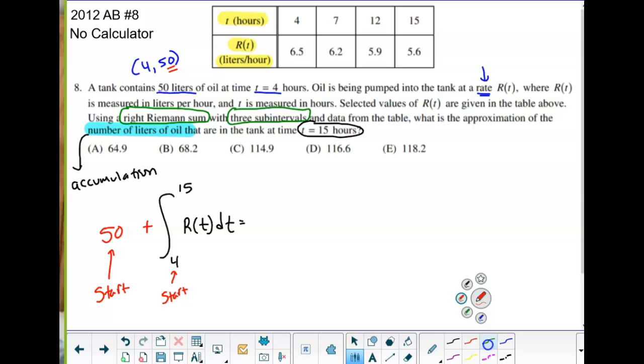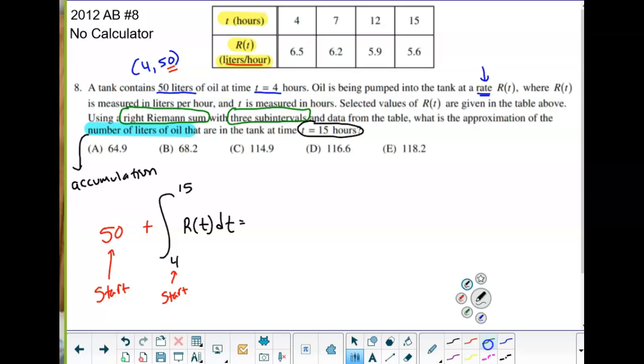So there were 50 liters to start with at 4. Why does it also say 6.5? Because that's a rate. That's how many, exactly at 4 hours, 6.5 liters are going in per hour. That's the rate at which it's going in. But this is the start, or the total that we started with at the 4 hours.